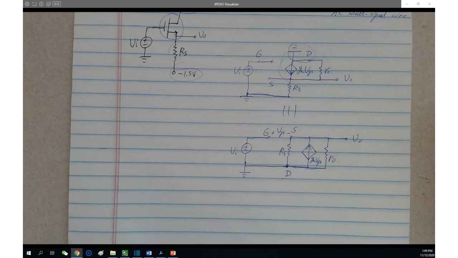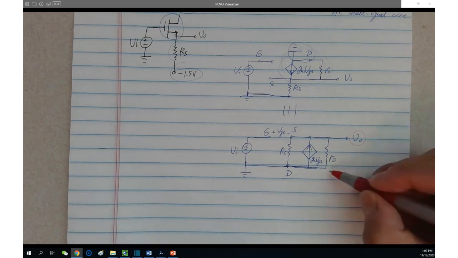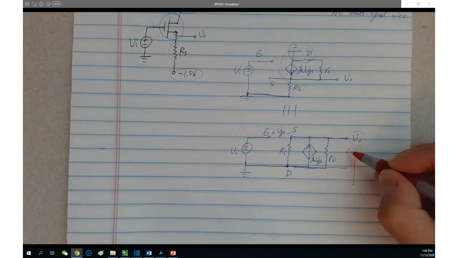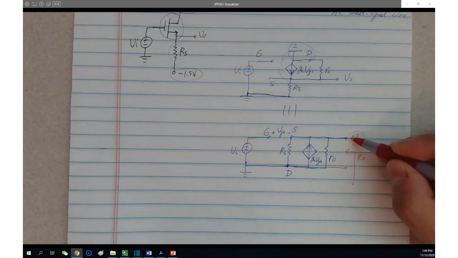Well, output resistance is at the output, however it's across two ports. Which two ports? Output and ground. Therefore, this is the output resistance we are looking for. It's labeled in this way. So how to find this output resistance? We are adding the test source.